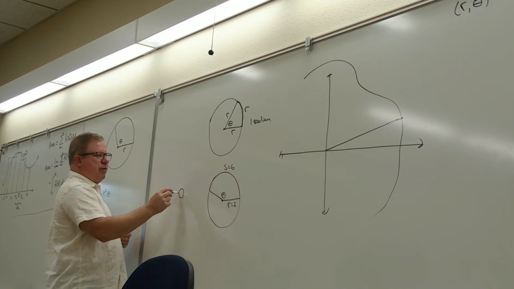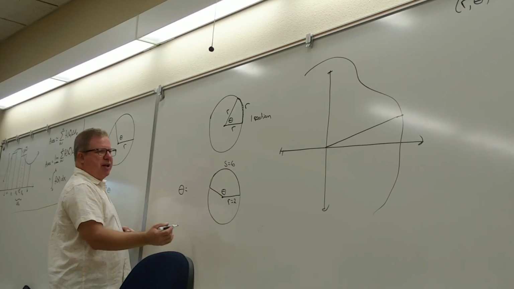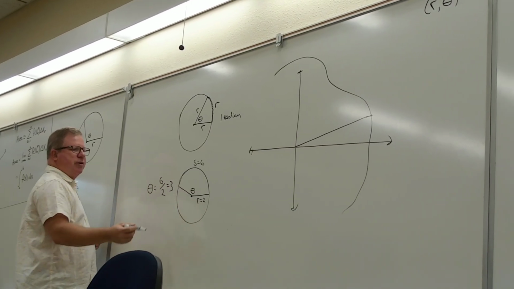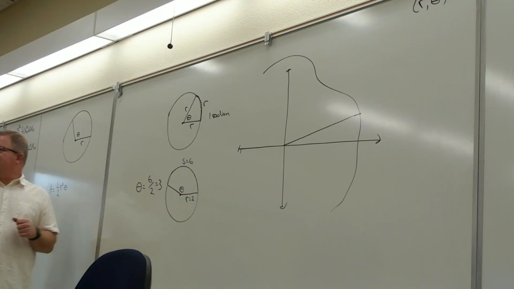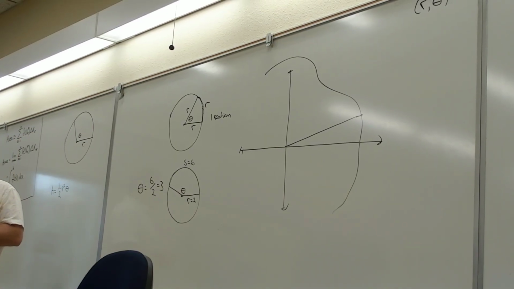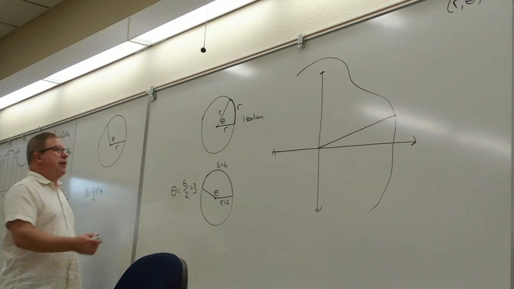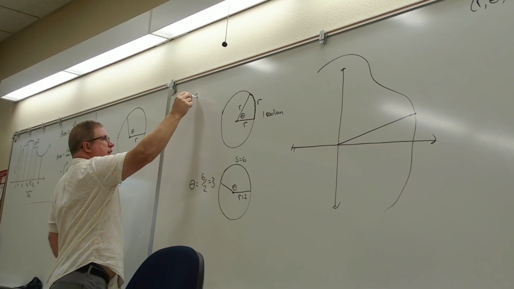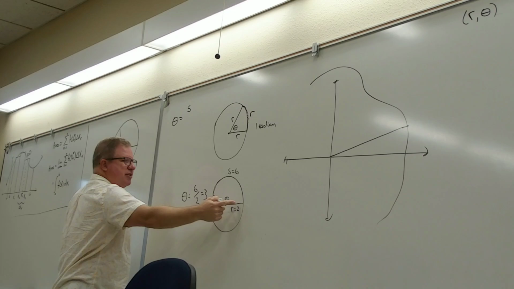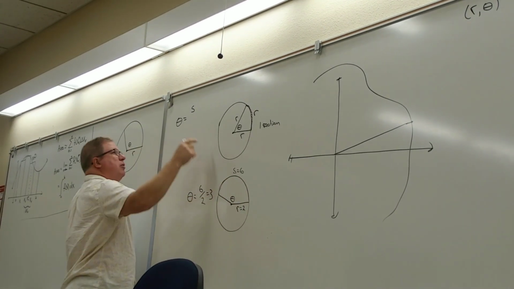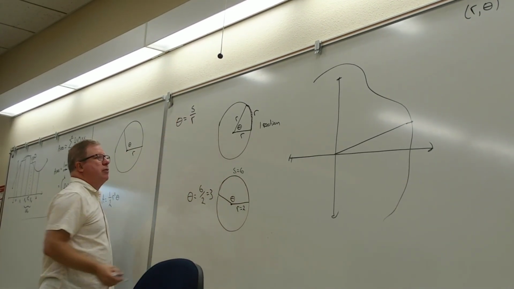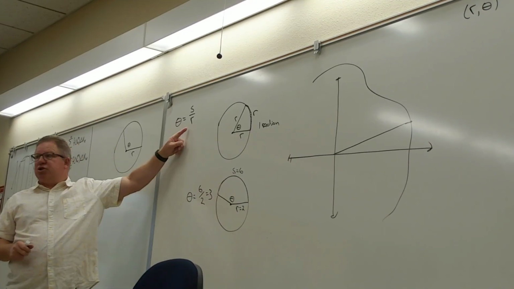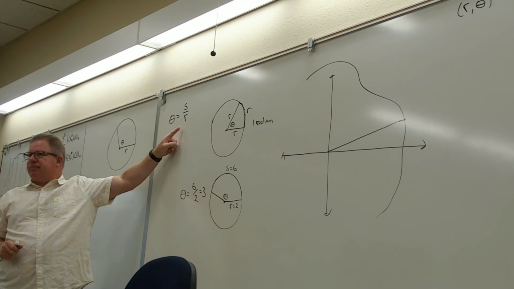So this angle in radians is 6/2, which is 3. So that angle is 3 radians. Everybody cool with that? So the definition of a radian gives us this. Theta equals S, that's the arc length, that's the distance along the curve, over R. That gives us the central angle measured in radians. All right?